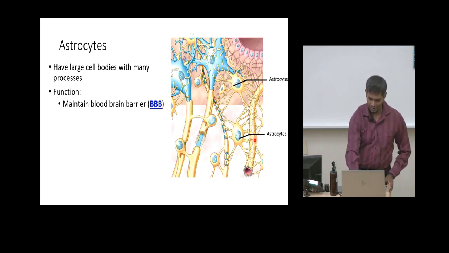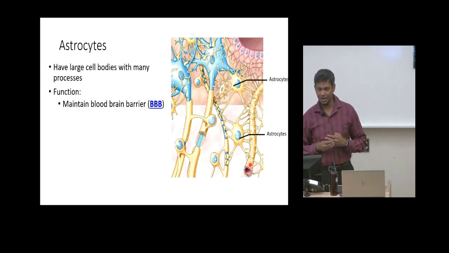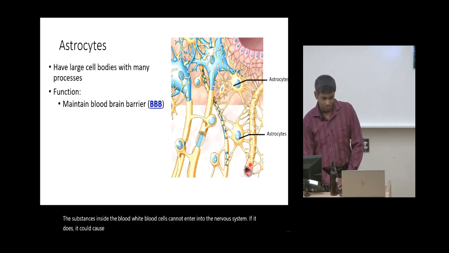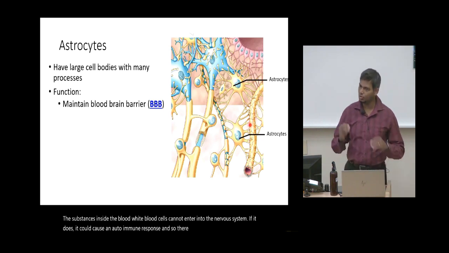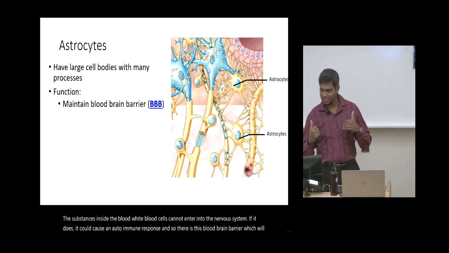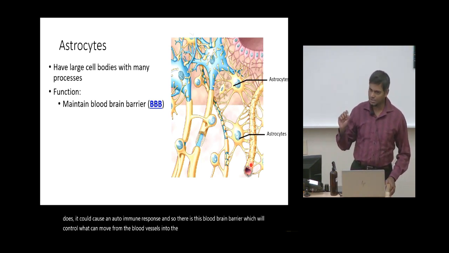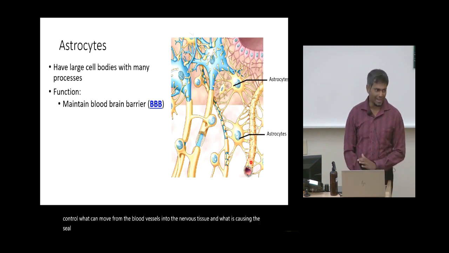Keep in mind that substances inside the blood, like white blood cells, cannot enter into the nervous system. If they do, it could cause an autoimmune response. And so there is this blood-brain barrier which will control what can move from the blood vessels into the nervous tissue. And what is causing the seal between these astrocytes are blank junctions.